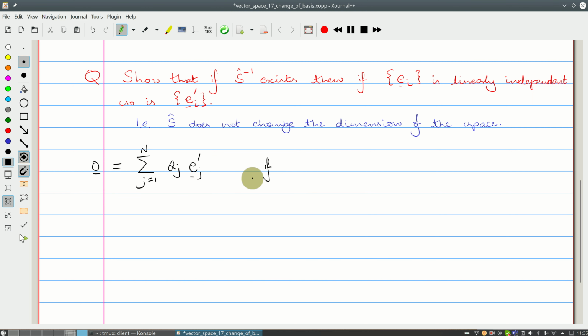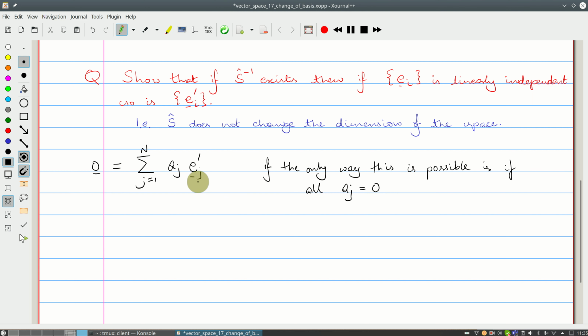the only way this is possible is if all a_i, or a_j, I called it there, doesn't matter though, are 0.